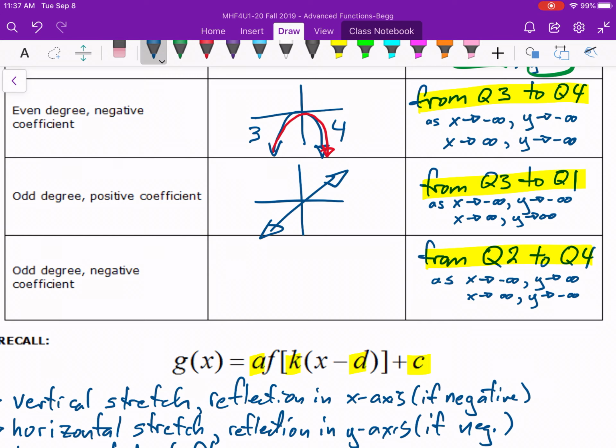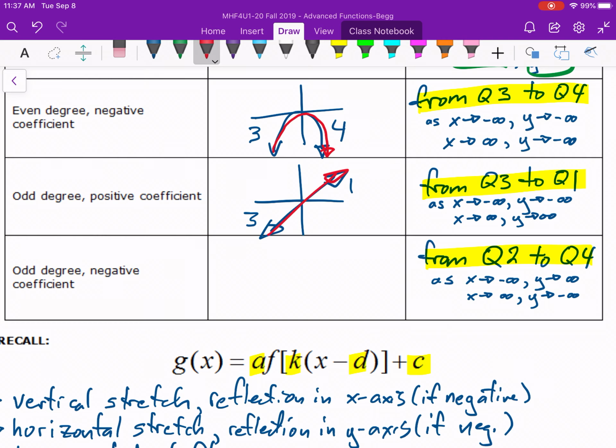It's going up from left to right. So a positive leading coefficient would look something like that, or if I was doing a cubic one, it would have that swooping kind of shape that would look like that, but they're still doing the same thing. So we're going from quadrant 3 towards quadrant 1, right? We're going this way from 3 to 1.